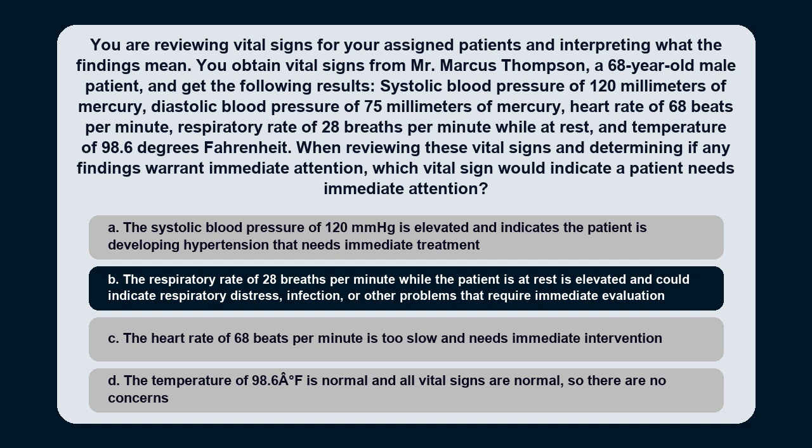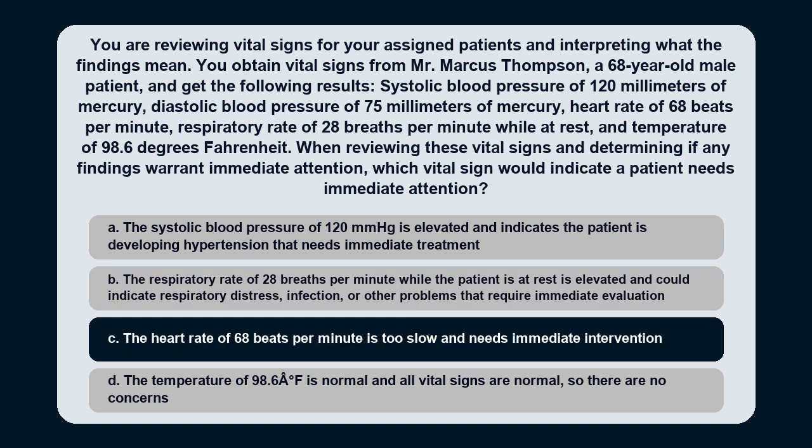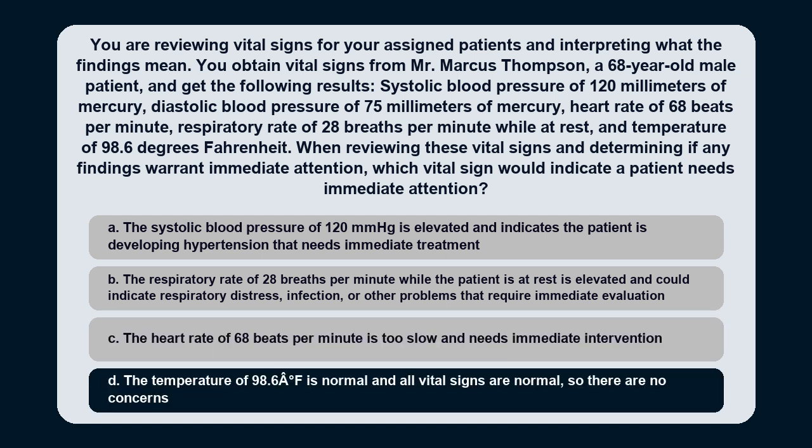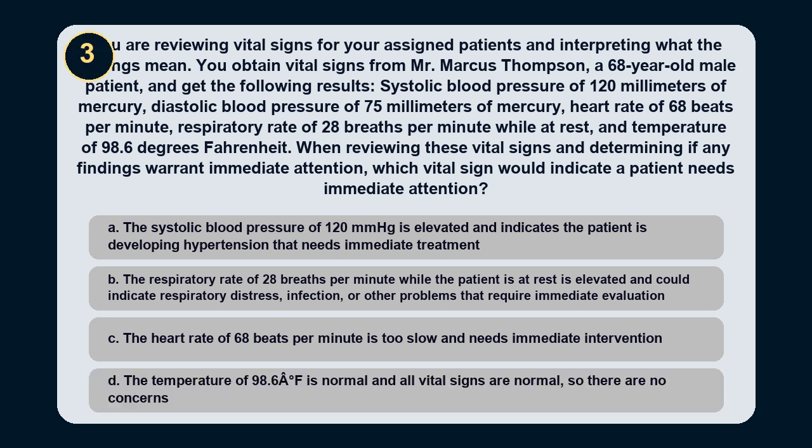Option B. The respiratory rate of 28 breaths per minute while the patient is at rest is elevated and could indicate respiratory distress, infection, or other problems that require immediate evaluation. Option C. The heart rate of 68 beats per minute is too slow and needs immediate intervention. Option D. The temperature of 98.6 degrees F is normal and all vital signs are normal, so there are no concerns.